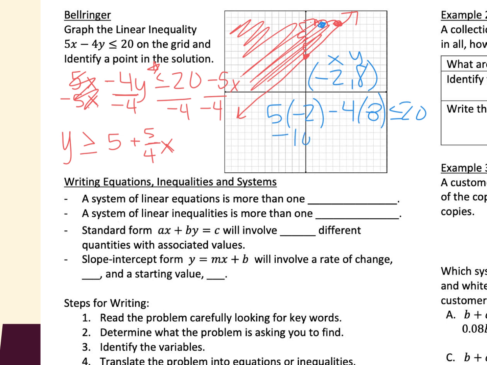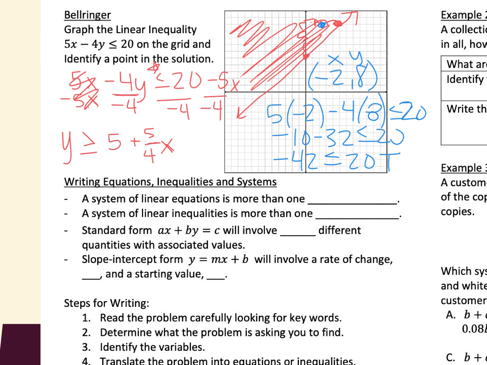So -10 minus 32 is less than 20. You could also put this in your calculator, and it will tell you true or false. So -42 is in fact less than or equal to 20. So that would be a solution.